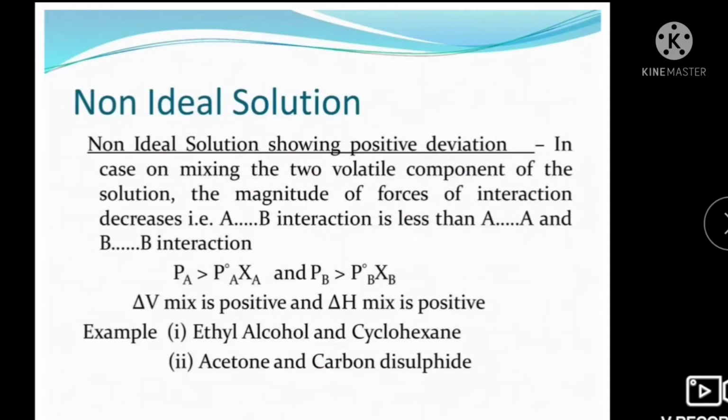Thus, PA, the partial pressure of component A, is greater than P0A XA, where XA is the mole fraction and P0A is the vapor pressure of pure component. Similarly, PB is greater than P0B XB.